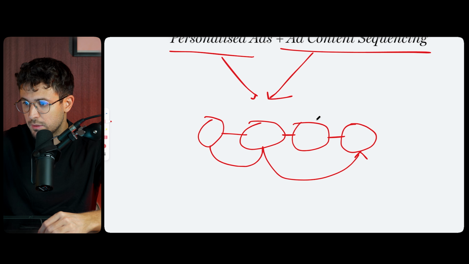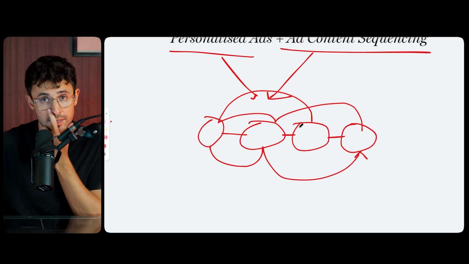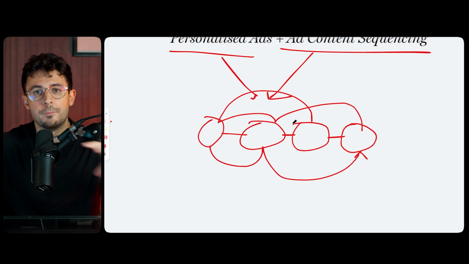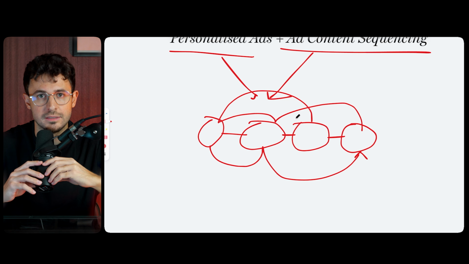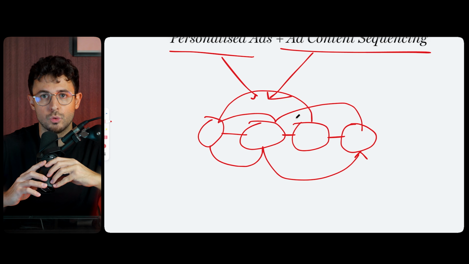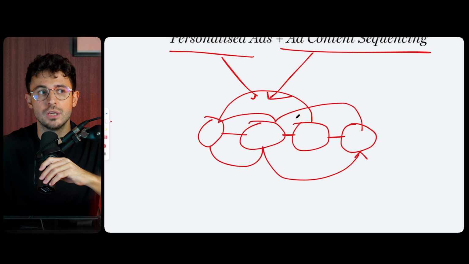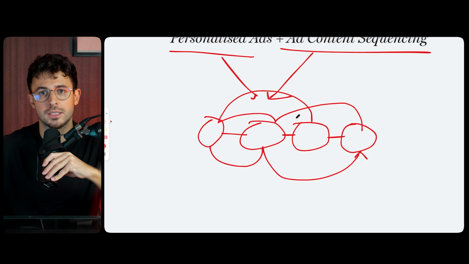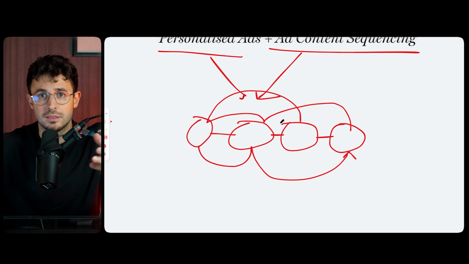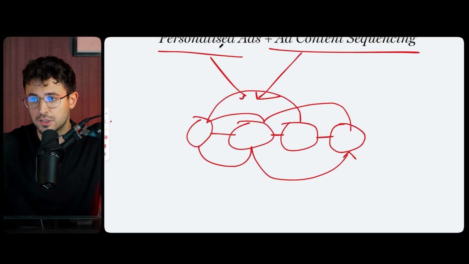For another user, the sequence can start from here, then go here, and then here and here. So what you need to understand is what the different pieces of the puzzle of the sequencing are that you need to consider to make your ads work. Because if you build your ad strategy without considering this sequencing system and the personalization of your ads, then things are not going to work.